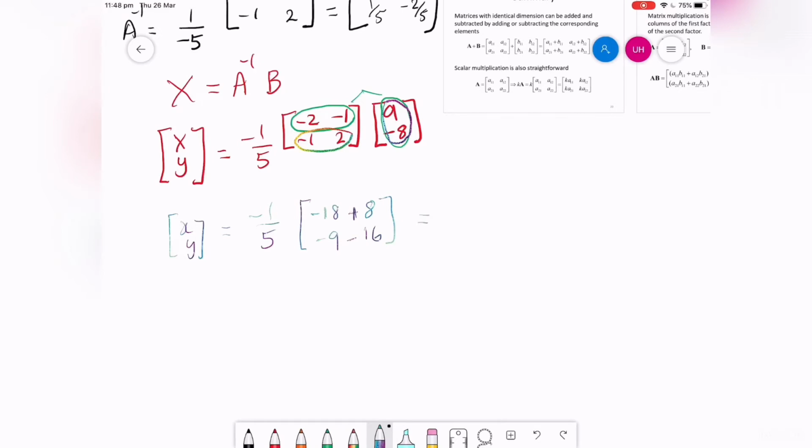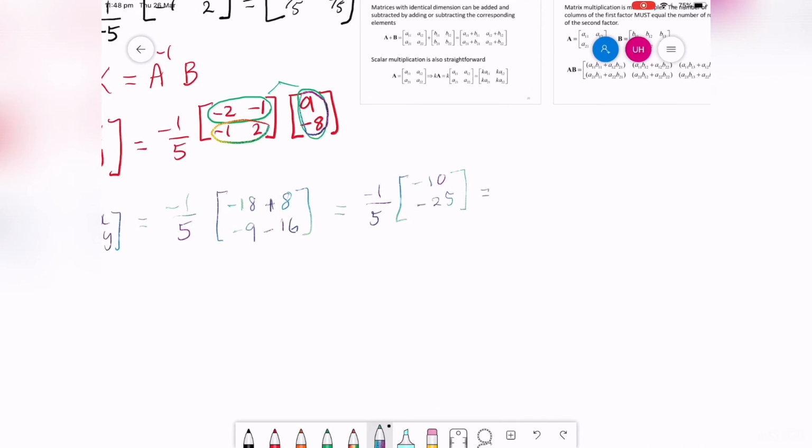This is going to be minus 1 over 5 multiplied by minus 18 plus 8, which is minus 10, and minus 9 minus 16, which is minus 25. Now it's easy, because this is like minus 10 over minus 5 and minus 25 over minus 5.